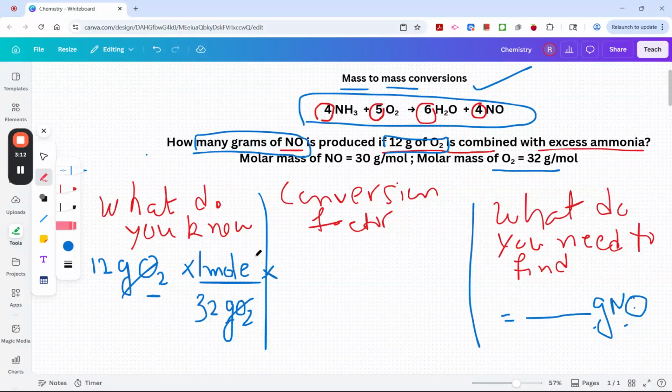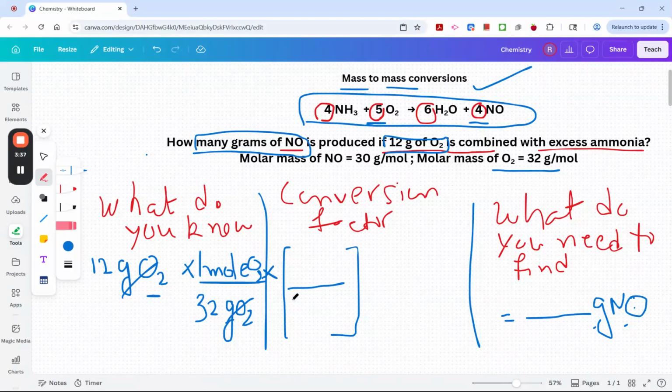So you can write the formula here. Sorry about the handwriting. Now I need nitric oxide on stage. For that I have to use their molar ratio. How many moles of oxygen have we used in the balanced equation? 5. And how many moles of nitric oxide have we produced in the balanced equation?